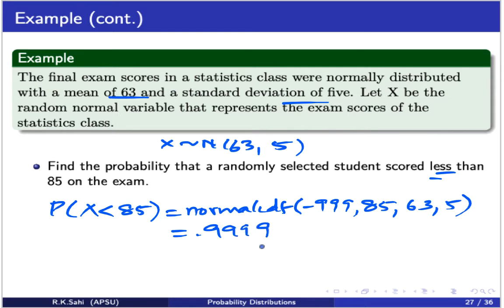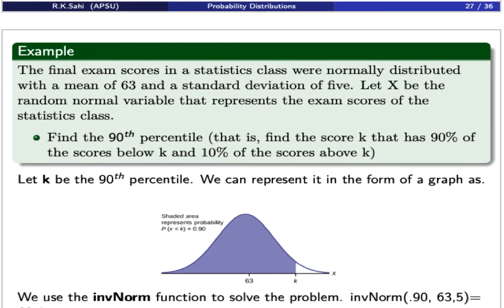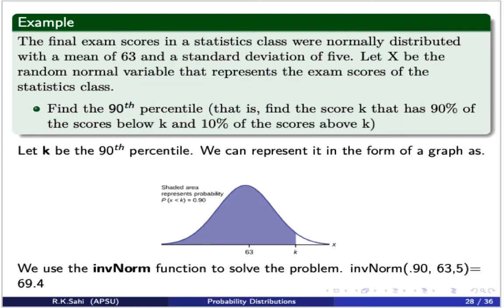0.9999. Okay, let's look at the question from a different perspective, because we were always finding probabilities. Suppose we are given the probability and we would like to find what is the value which corresponds to that probability. Okay, so that's a question here.